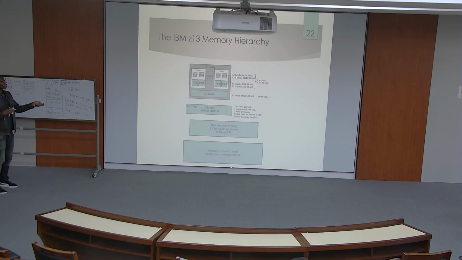Now, we have level 1 cache for instruction and level 1 cache for data. What is the size of the level 1 instruction cache? Its size is 96 KB, and it is an SRAM type memory.